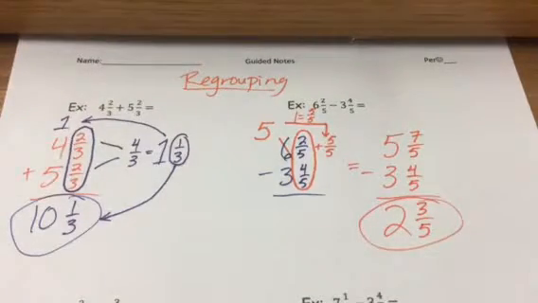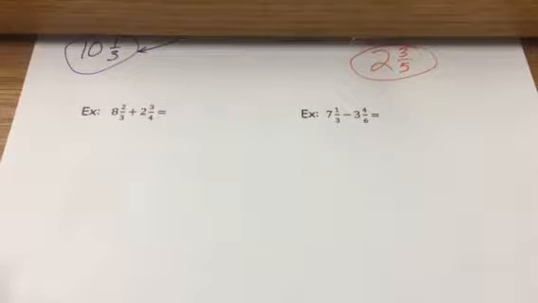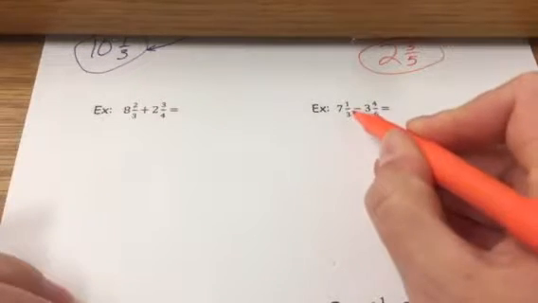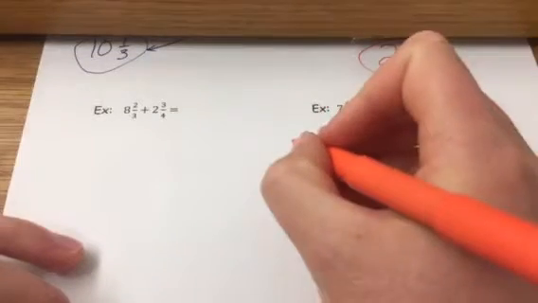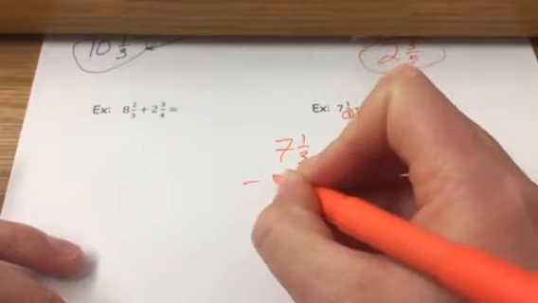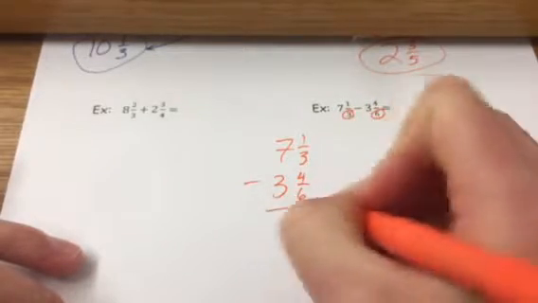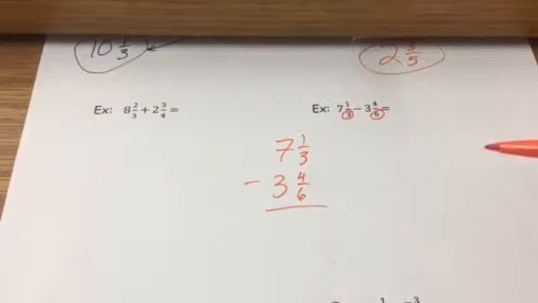Let's do one more example of the subtracting, because again, I think the subtraction is a little bit tougher. This is good because this time we have unlike denominators, so we have one extra step here. We need to create common denominators. So we've got 7 1/3 minus 3 4/6. I need common denominators, and I can do this one of two ways.